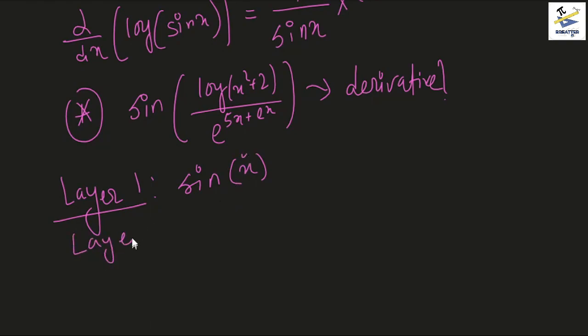Layer 2 is of the form f(x) by g(x), right? Layer 2 is of the form f(x) by g(x), which we learned before, that the derivative of two functions like this can be evaluated how?